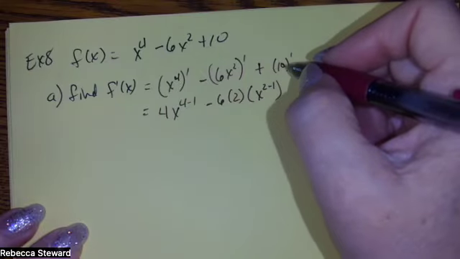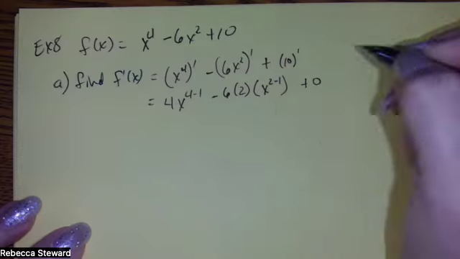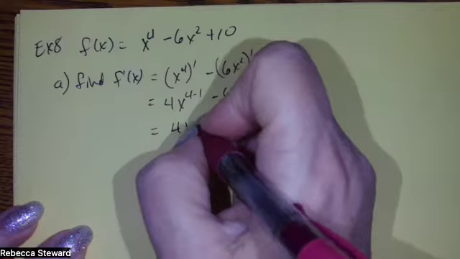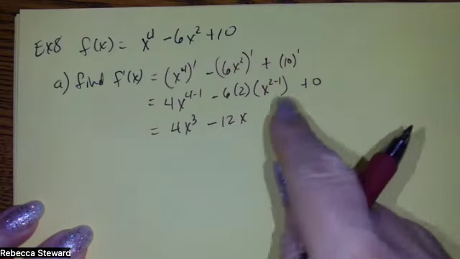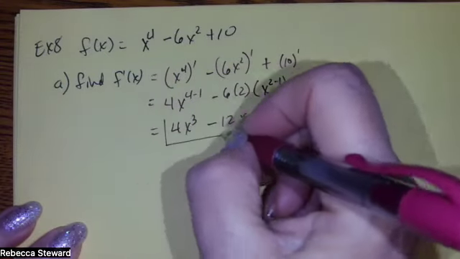And then the derivative of a constant we learned at the beginning is going to be 0, so that is going to go away. So this will get us 4x cubed minus 12x, because 2 minus 1 will get us 1. So here's our derivative.